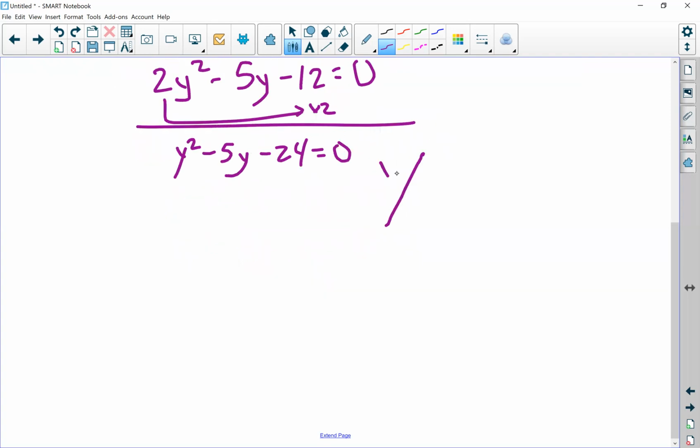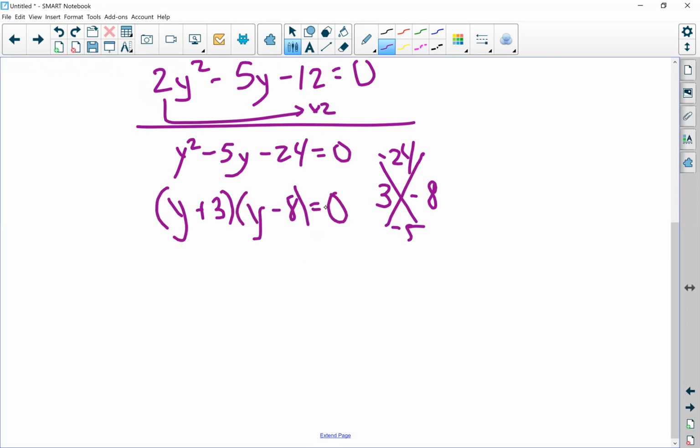Now find two numbers that multiply to negative 24 and add to negative 5. 3 and negative 8. So I get y plus 3, y minus 8 equals 0.